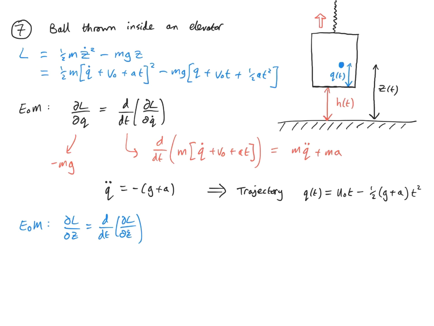When I do that, of course, I get the same result in both cases, and I find a trajectory when I solve that expression, z of t, which is equal to u0 plus v0 times t minus a half g t squared.